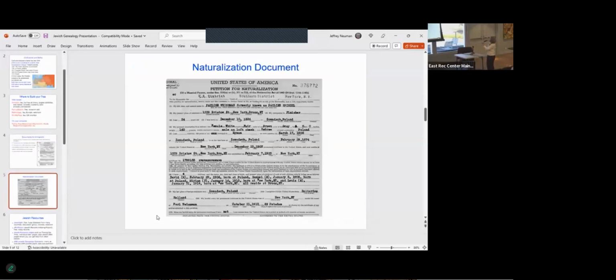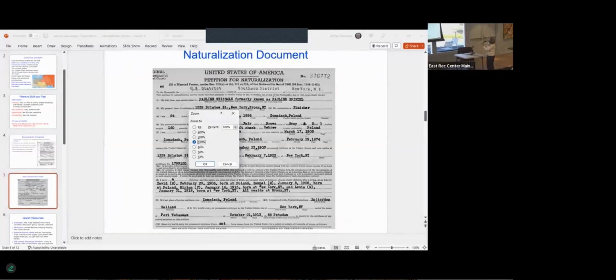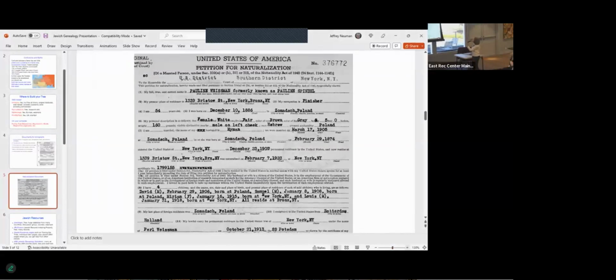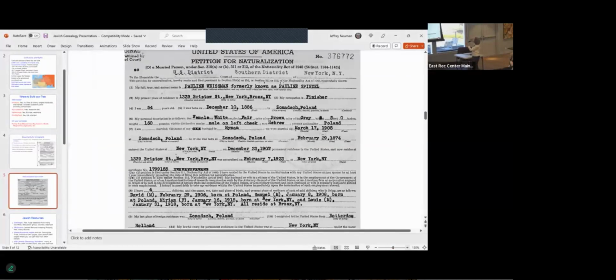So this is my grandmother, Pauline Weissman, her petition for naturalization. I hope you can see that. It gives her occupation. It tells where she came from. Her birth date, specific information about her appearance, her husband, his birth date, where they live, all kinds of information.